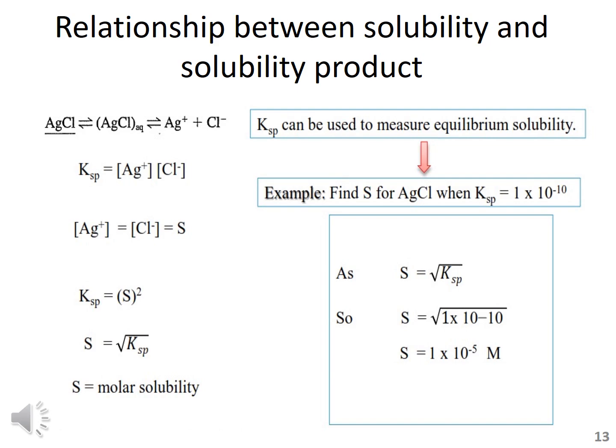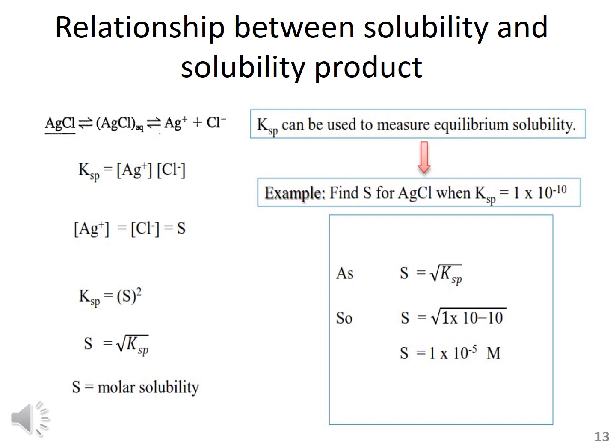When you want to calculate the solubility product, it will be Ksp is equal to the silver ion concentration times the chloride ion concentration. And at equilibrium, because it is univalent, it has equal concentrations of silver and chloride.